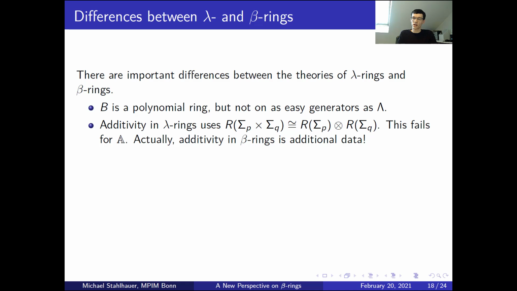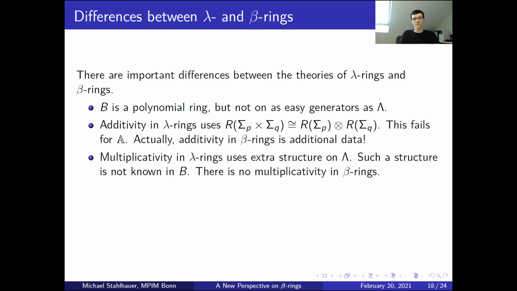And for finite sets we can't do that, and because we cannot do this, the natural map we have between those two things for the Burnside rings is not an isomorphism. And so to formalize additivity in beta rings, we have to extend our beta operations over subgroups of this product of symmetric groups. And this is an additional data.